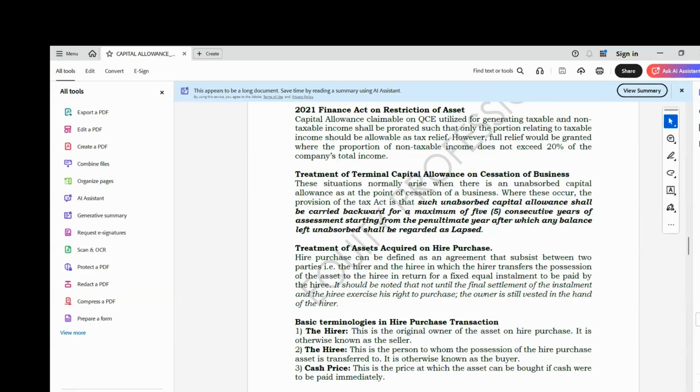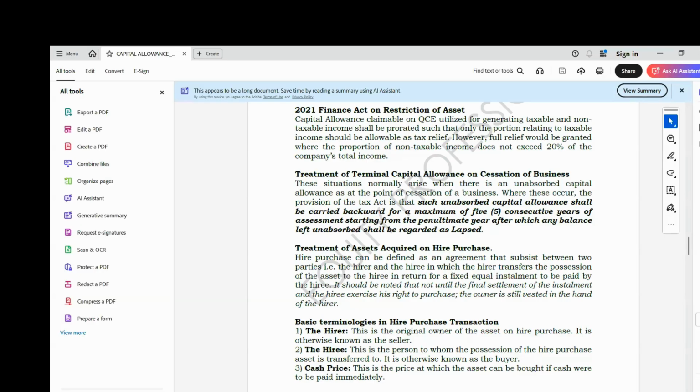So it's an agreement between a seller and a buyer, whereby the seller agrees that the buyer is going to take possession of this asset without paying in full, but you are going to be paying me bit by bit. That is what hire purchase is all about.